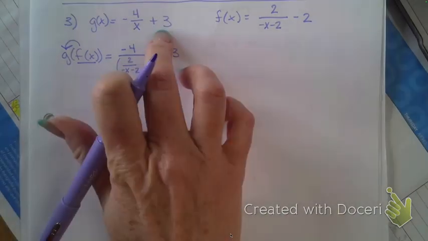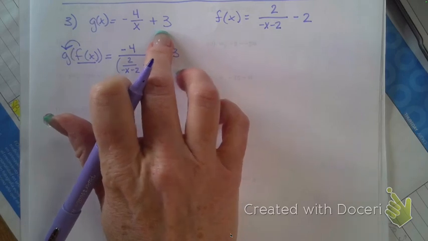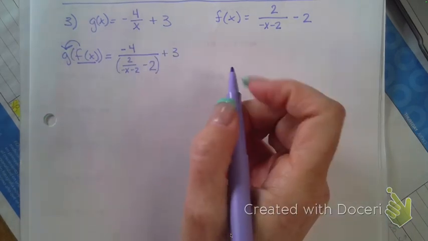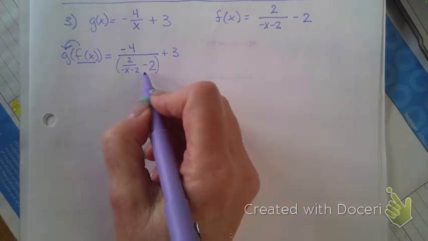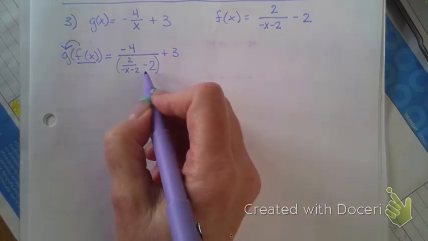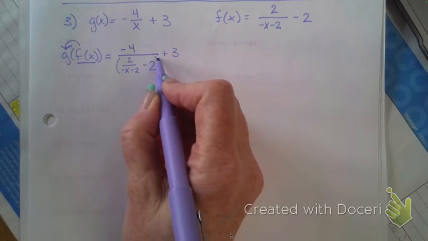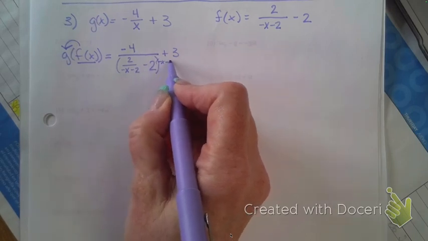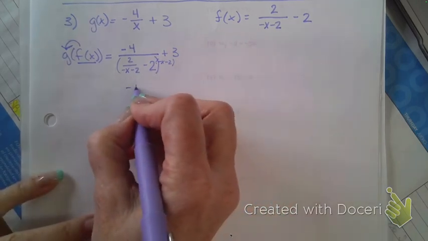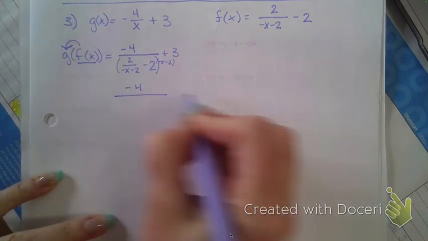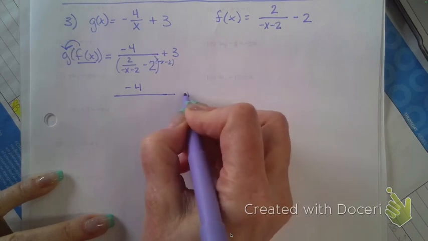Now I have to do common denominators. So it'd be negative x minus 2. Negative 4 over that, and plus 3.